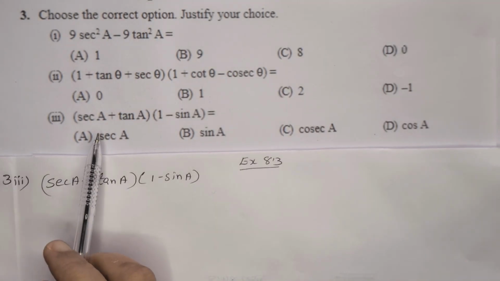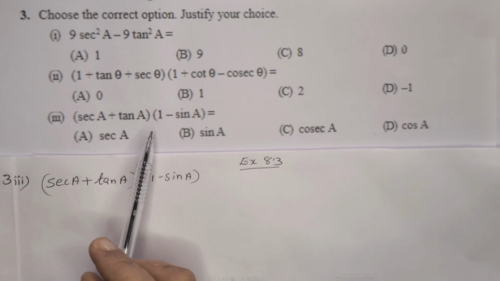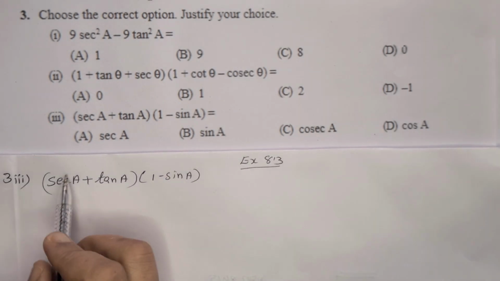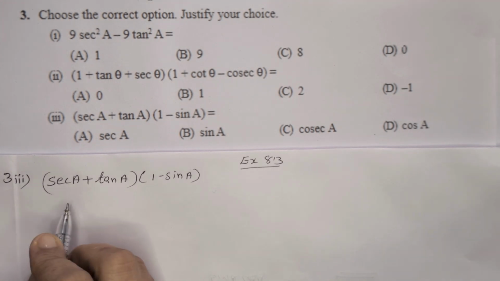Third question, sec A plus tan A into 1 minus sin A is equal to. So sec A plus tan A, we can write in terms of sin and cos.